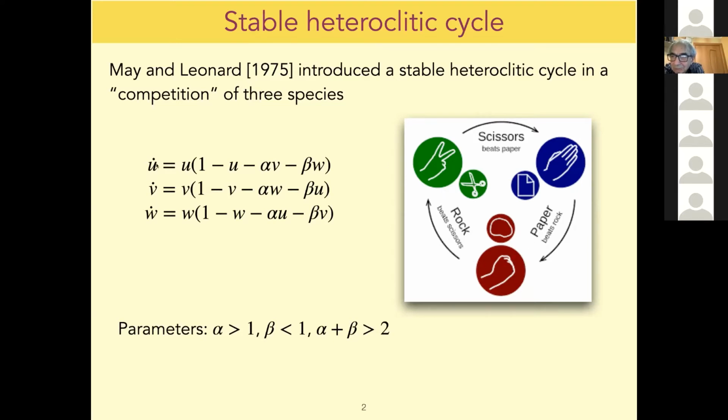There are 3 variables, and the condition that one beats another is a restriction on parameters. There is one parameter alpha which is larger than 1, parameter beta which is less than 1, and their sum should also be larger than 2.